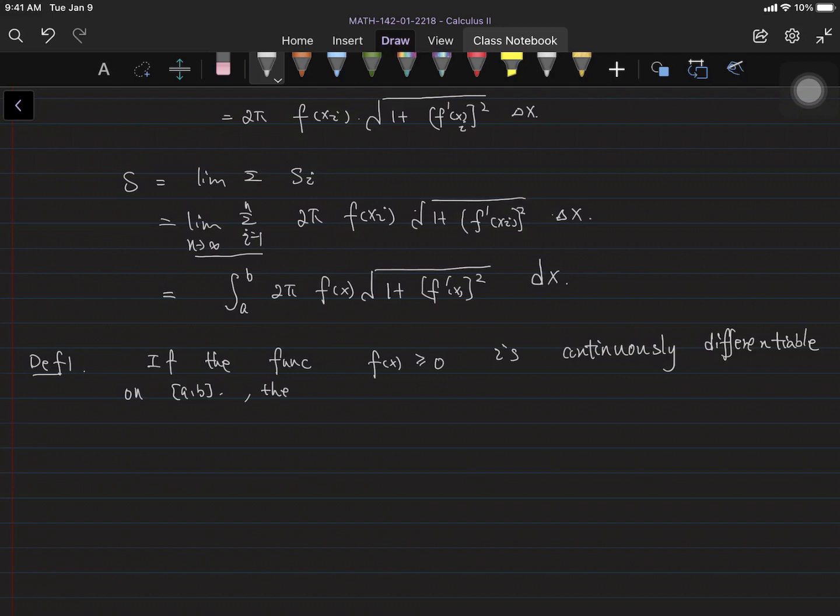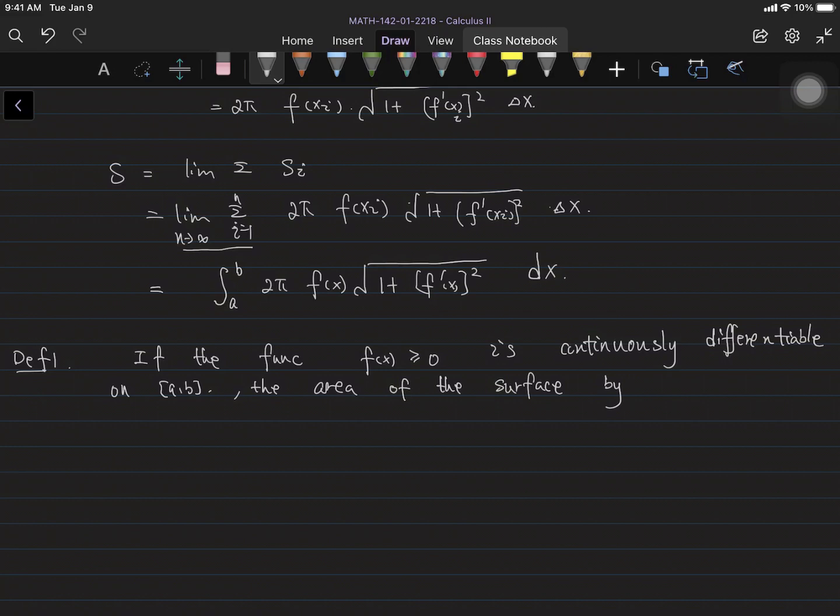Then the area of the surface by revolving the graph of the function about the x-axis is given by this one.